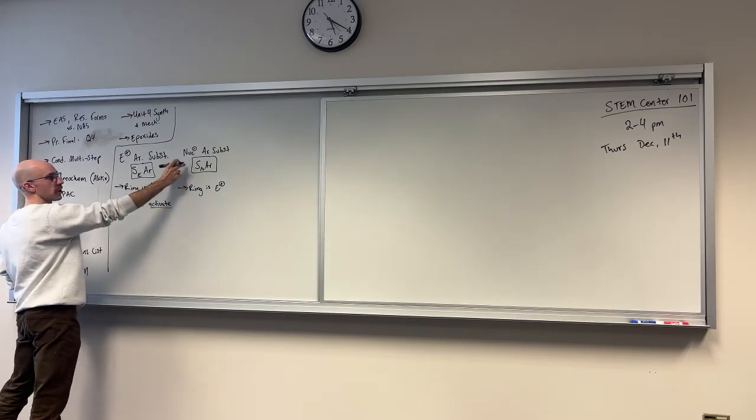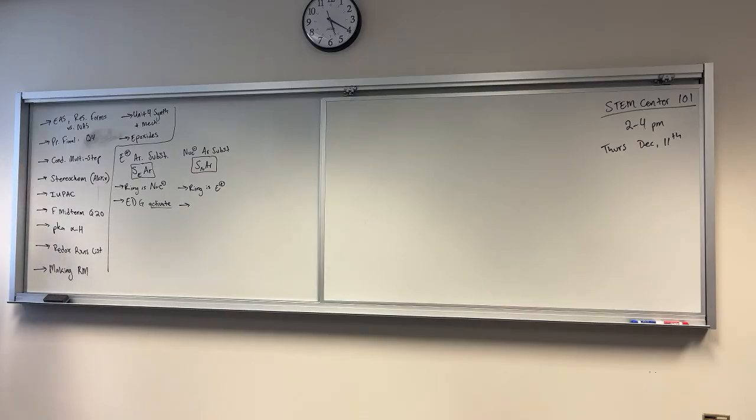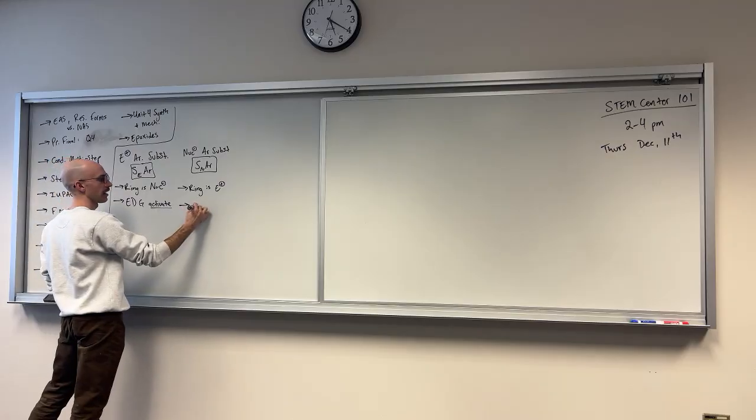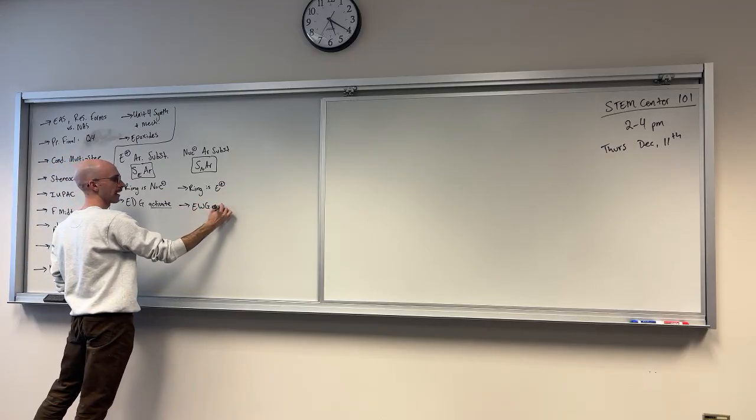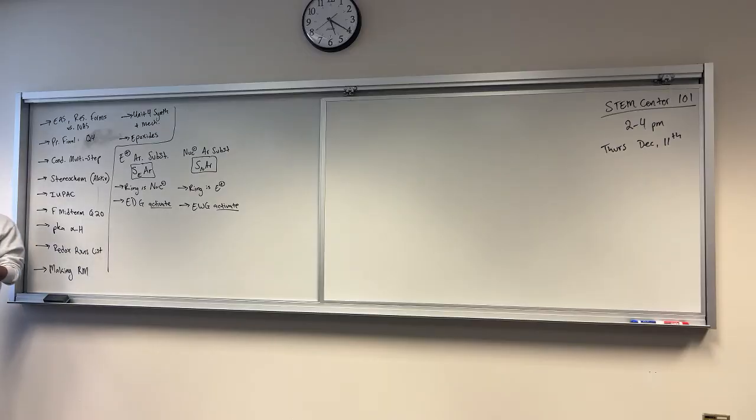In terms of NAS, what types of groups activate the ring to be a better electrophile? Electron withdrawing groups activate the ring. This is the biggest issue, is that most of our time in this chapter, we looked at EAS reactions.